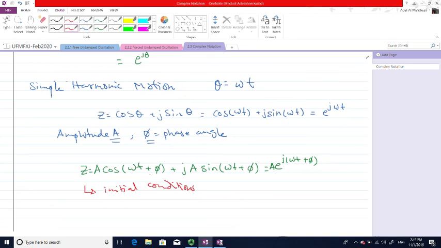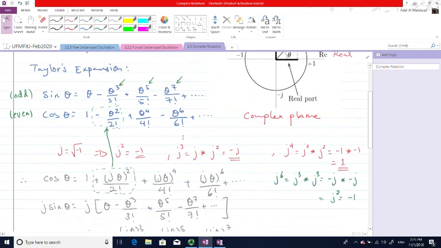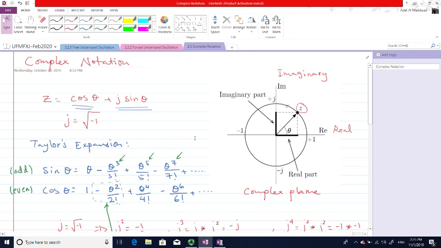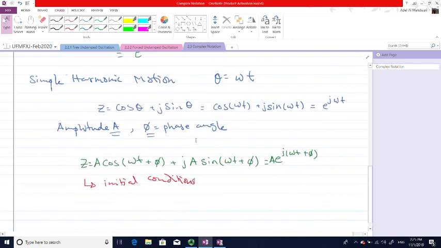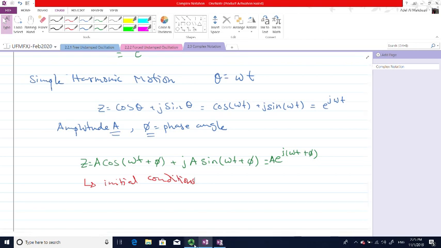All right, let's stop here about the complex notation, and I'm going to tell you how to apply complex numbers or notations in our study in the next chapters. Thank you for listening.